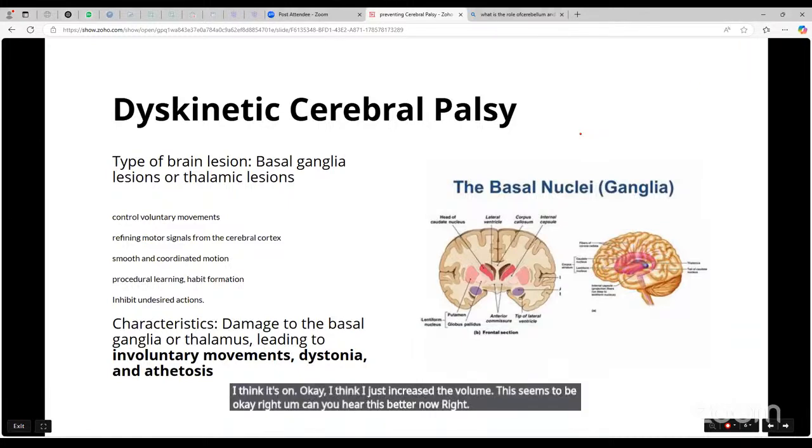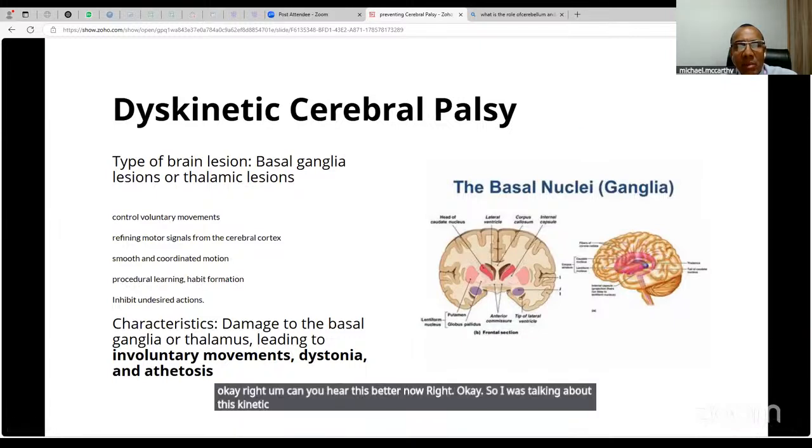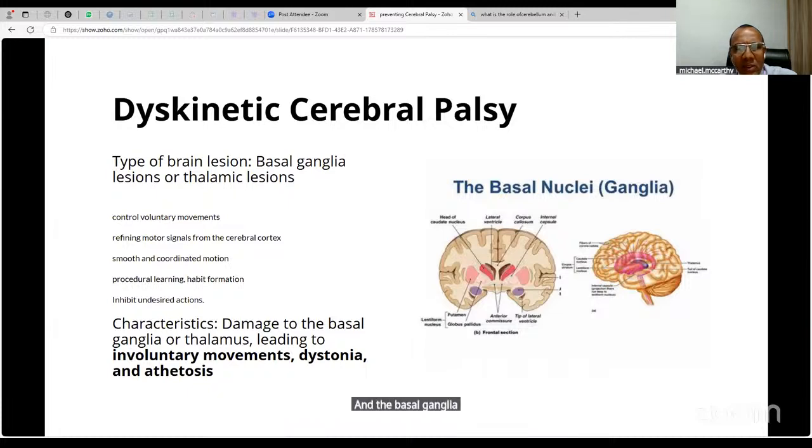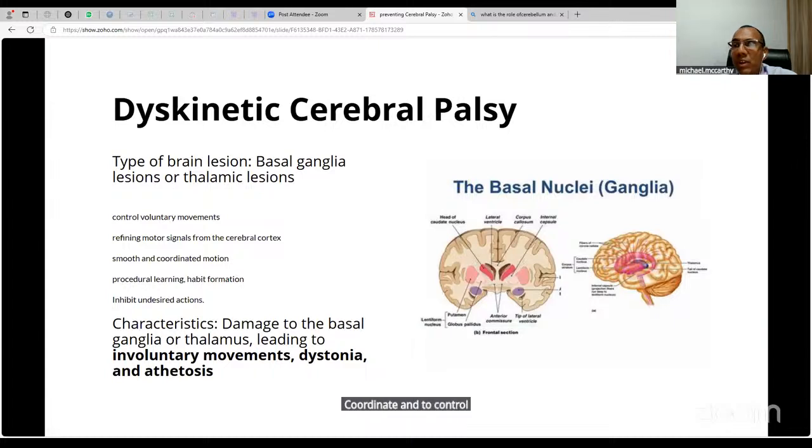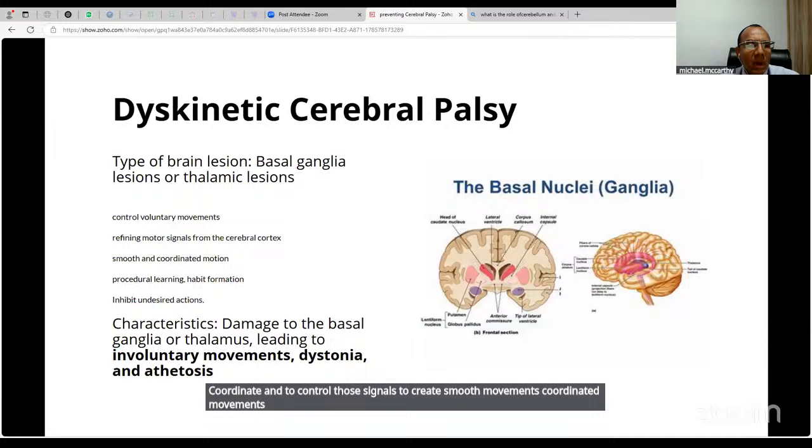Okay. So I was talking about this dyskinetic cerebral palsy where the lesion is in the basal ganglia. And the basal ganglia are the part of the brain that help to control the impulses that are coming from the brain to the muscles to coordinate and to control those signals to create smooth movements, coordinated movements, and so on.